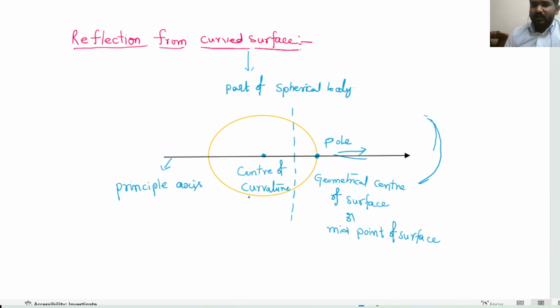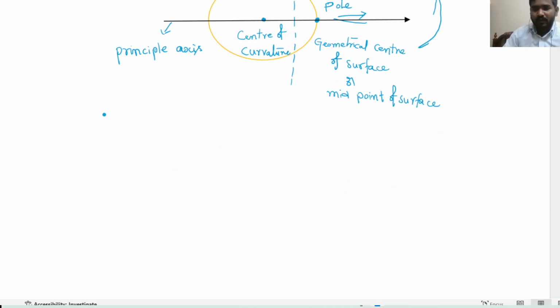So these are all the basic terms belonging to spherical surfaces. One is center of curvature, second is pole, and third is principal axis. Next, you can go with radius of curvature.